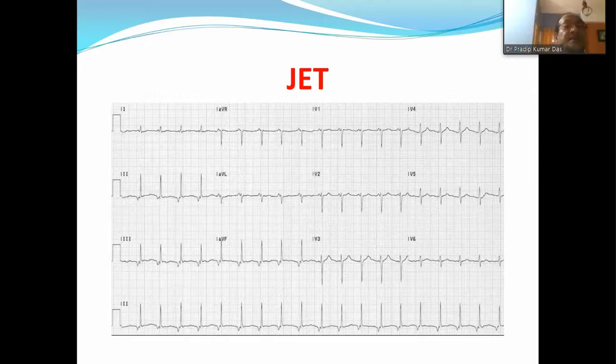Here you can see there is a P wave just before the QRS complex, and the morphology is changed, it is downward. So we can easily say that its origin is from the junction. The beat originated from the junction, and this is the ECG of junctional ectopic tachycardia.